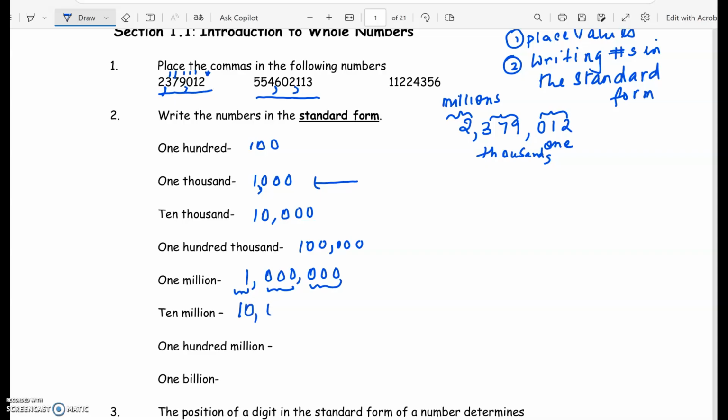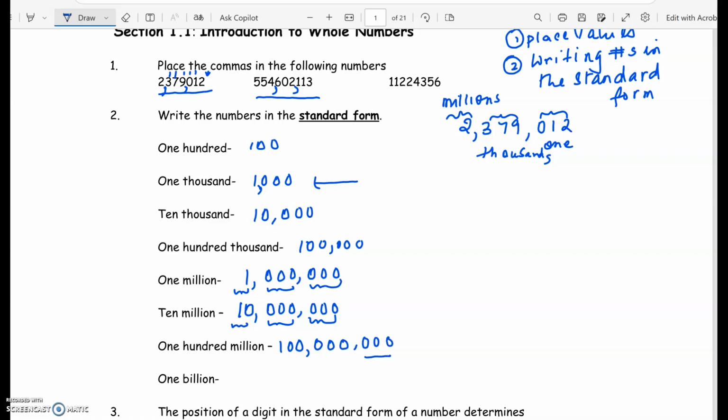So 10 million. A million has 6 zeros. Start from the right and place your commas. This is the ones period, the thousands period, and the millions period. 100 million. A million has 6 zeros.